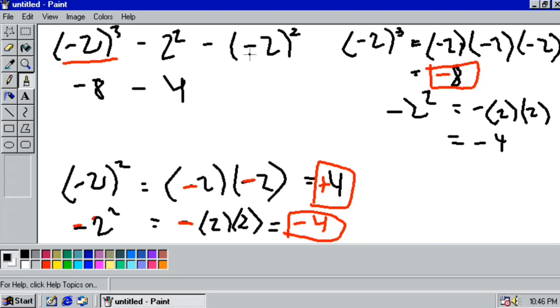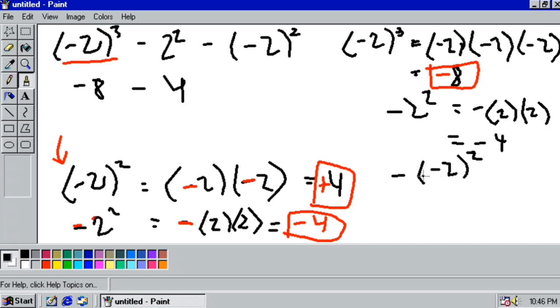How about this? This is just the same as this one. So it will come out as negative 4 also, because we have a negative sign on the left side.